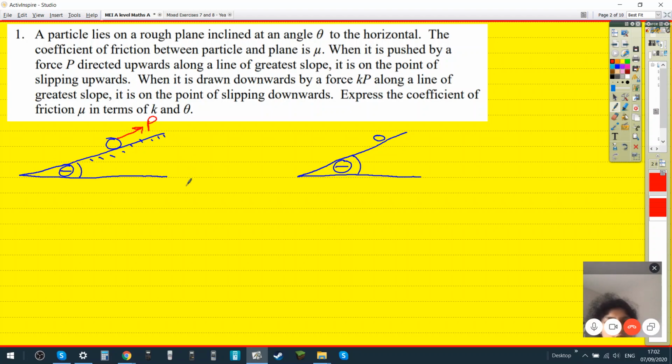Yeah. Okay. The coefficient of friction is mu when it is pushed by a force P directed upwards along a line that goes up. It is on the point of slipping upwards. That means F equals mu R. So there would be a friction force, and then there would be R and mg.